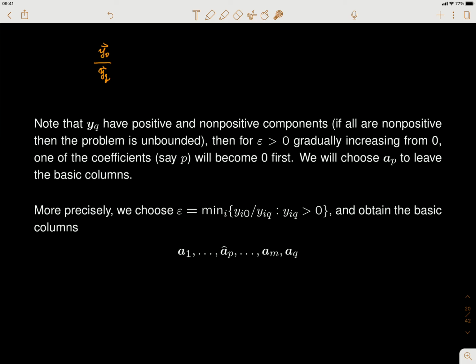All right, so as I mentioned, we just check the values of this and find the minimum value, and say suppose the p-th column, a p, has the epsilon corresponding to yp0 over ypq. In that case, the coefficient in front of a p will become 0 first.